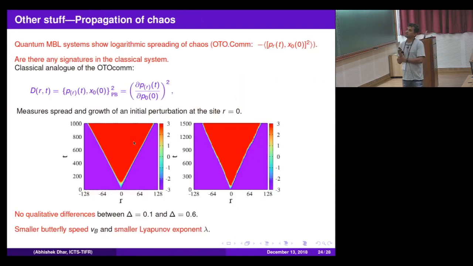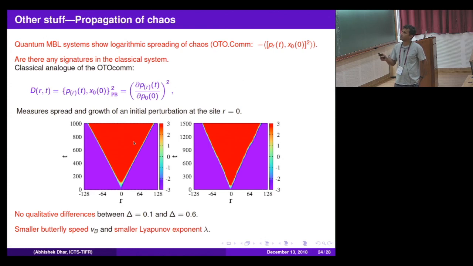The other thing we studied is, there are some ideas that in quantum systems, in the MBL phase, this OTOC has a logarithmic growth instead of ballistic growth. And we checked this in our system. So here, this is the object that one studies in quantum systems.